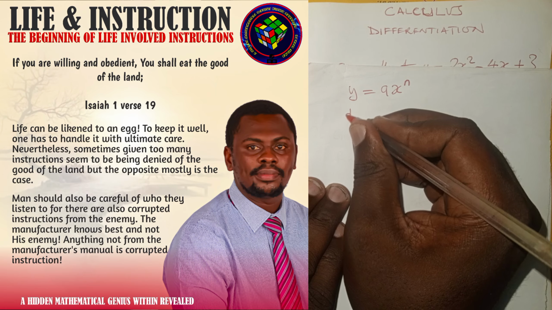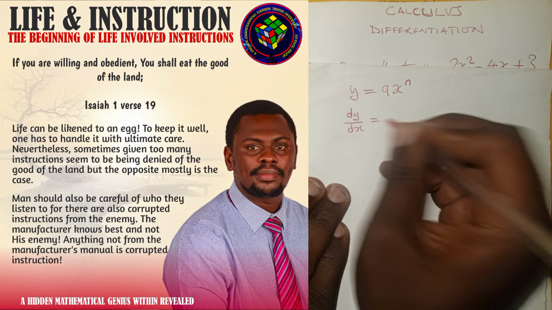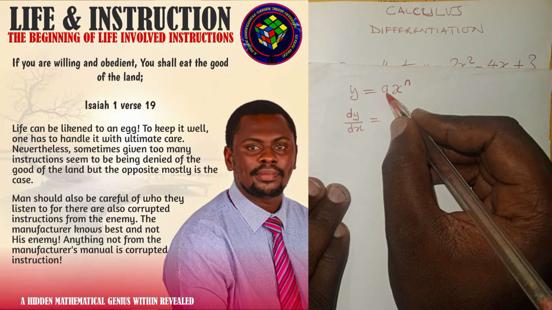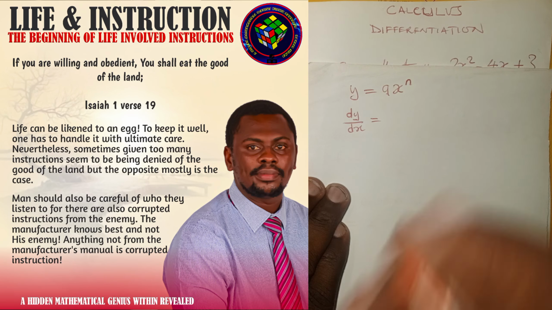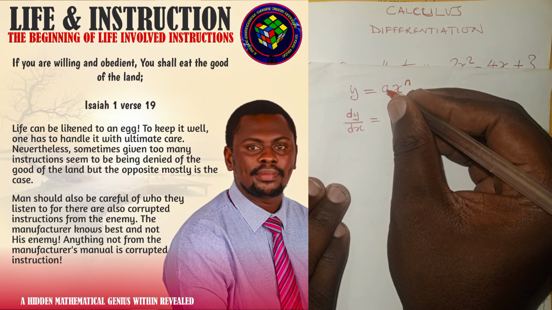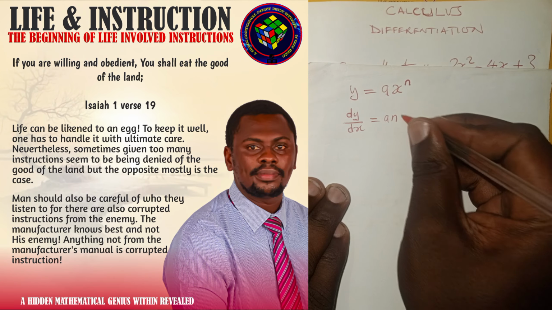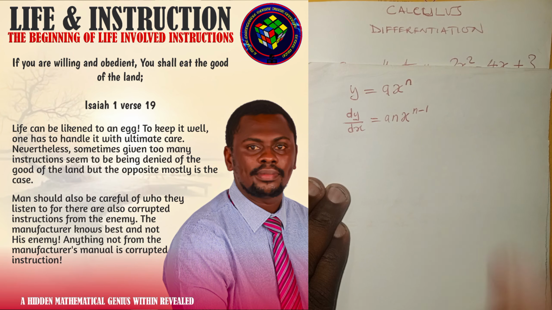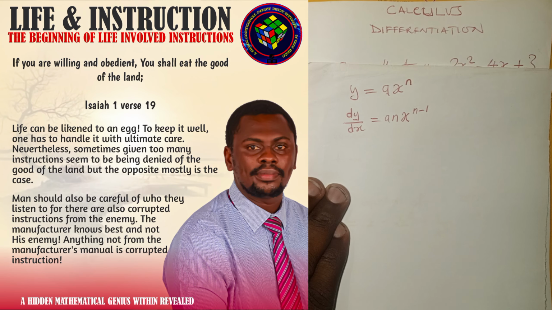You say the derivative of y with respect to x is equal to, so you get the power, you multiply it with the coefficient of x, then that power you reduce it by 1. So it is n multiplied by a, you get an, then x to the power n minus 1. So the power should multiply the coefficient, then the power you reduce by 1.